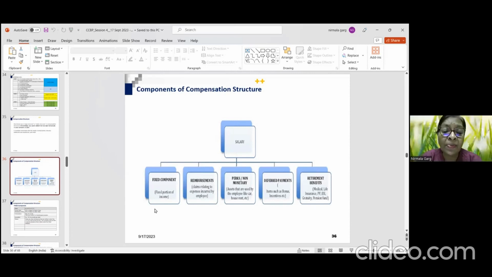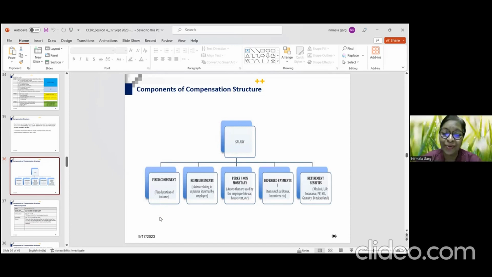Typically there is a huge scope. Why do organizations give all these perks and reimbursements, etc.? If I were to give everything as a fixed component, what will happen, Dhruv? The tax incidence will be huge. On paper, I'm getting a big salary packet, but the net payout will be very less.